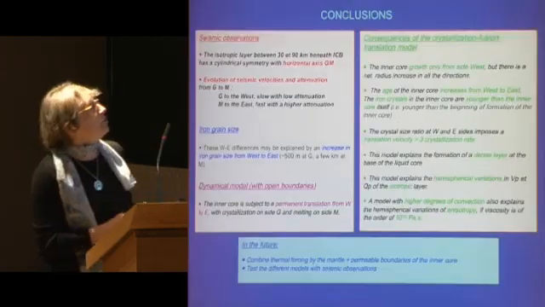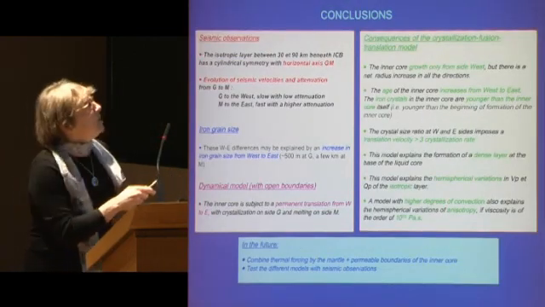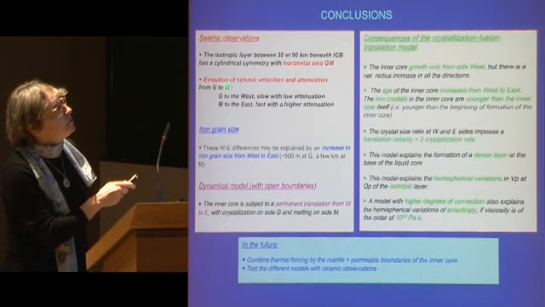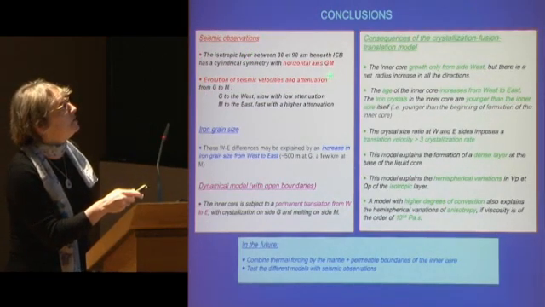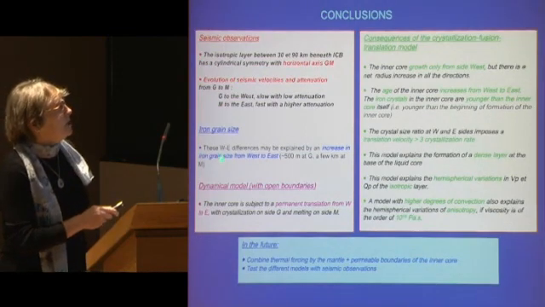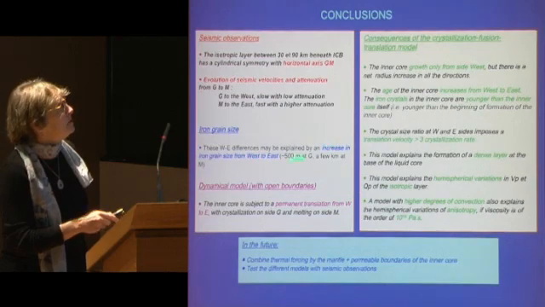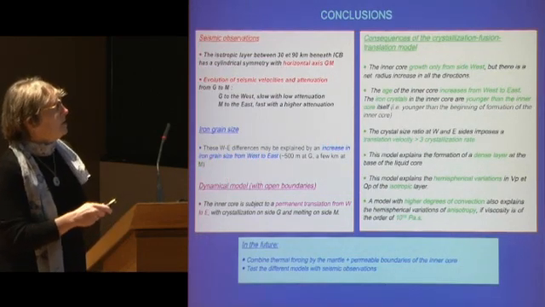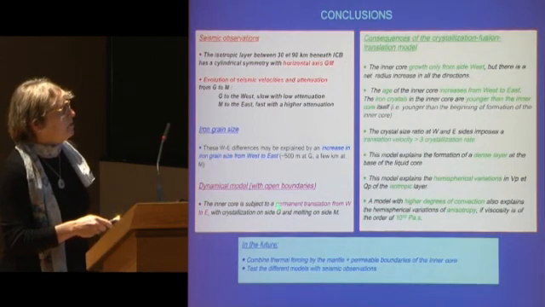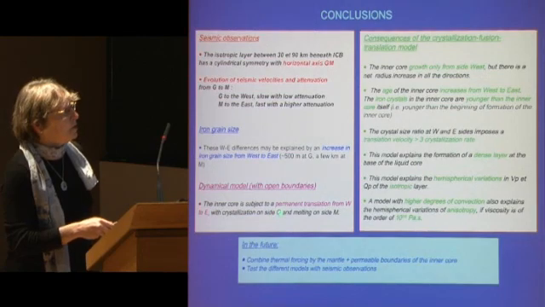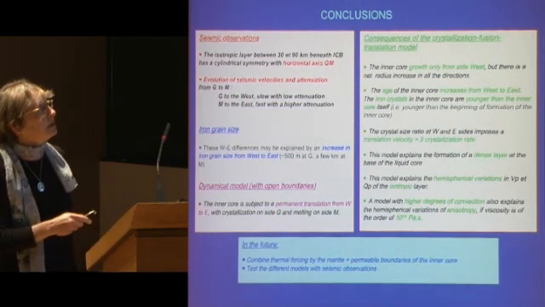Okay, now I come to the conclusions. We have seen from the seismic observations that there is an evolution of seismic velocities and attenuation in the isotropic layer from G to M, which is explained by an increase in iron grain size from west to east. This can be explained by a permanent translation from west to east with crystallization on one side and melting on the other side.